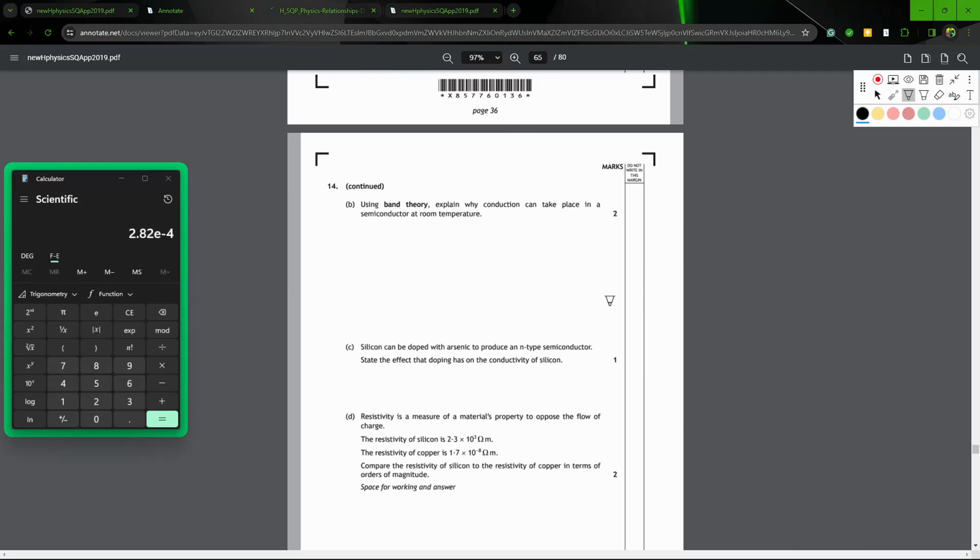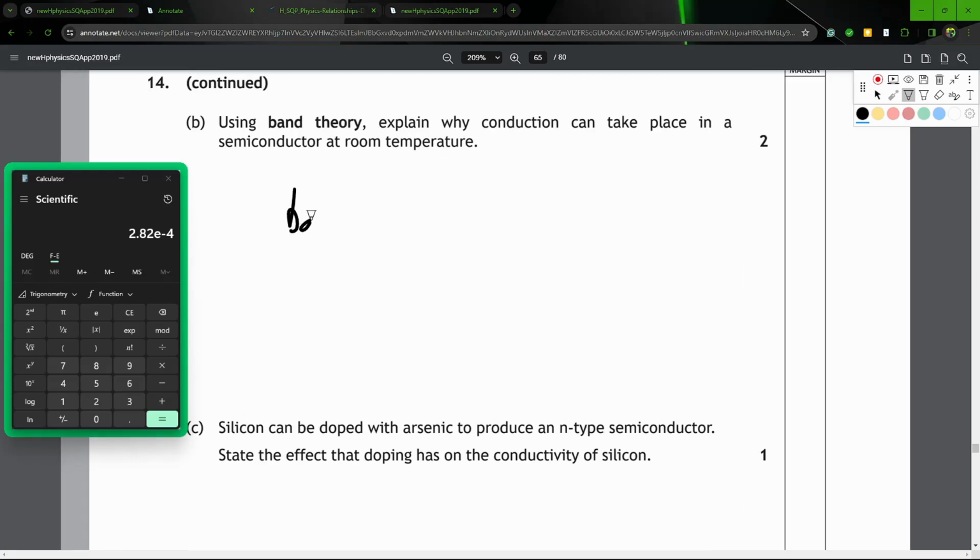Righty. 14b. Using band theory, explain why conduction can take place in a semiconductor at room temperature. Well, it's because the band gap is small.